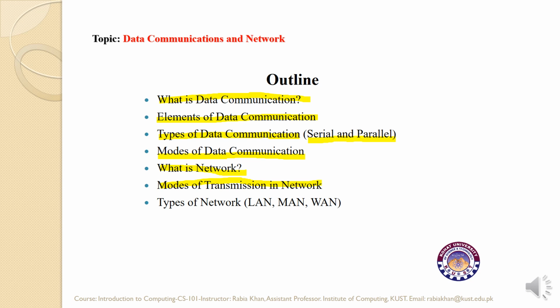And after different modes, we are going to discuss how many types of networks are commonly available, and they include commonly LAN, MAN, and WAN. How they work, what their capacity is, we are going to discuss in this chapter. So let's begin our discussion with the data communication.